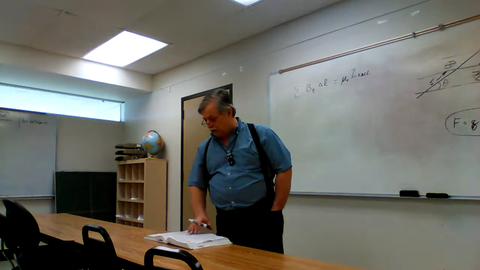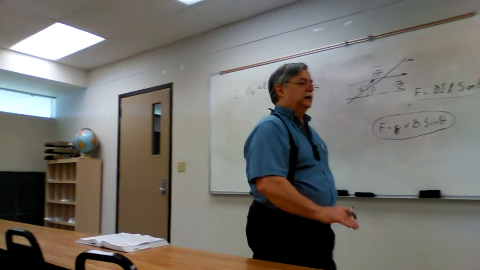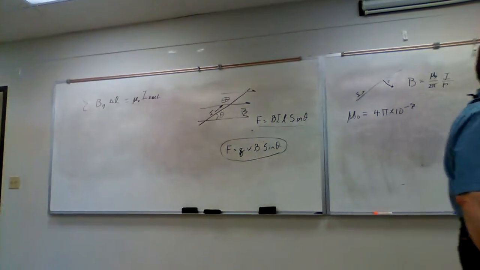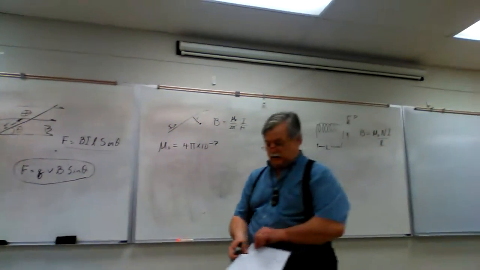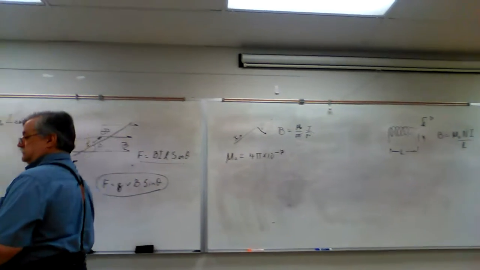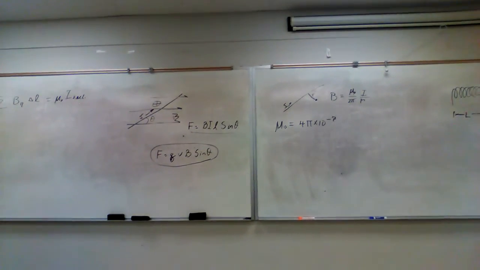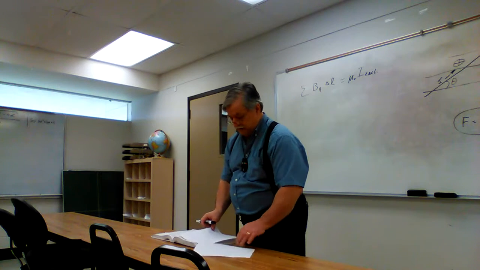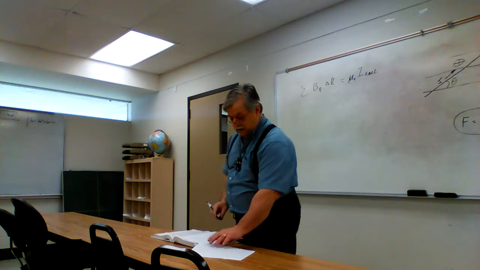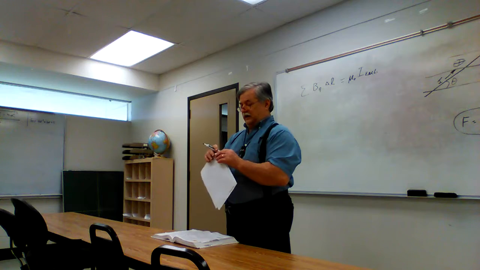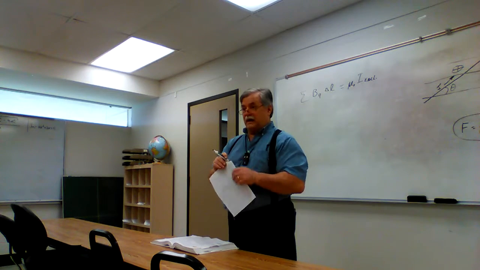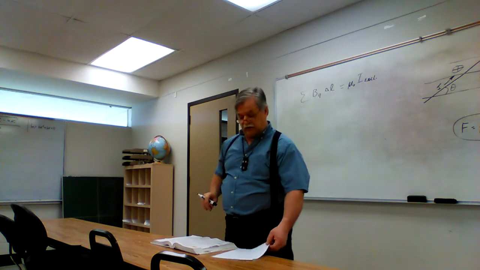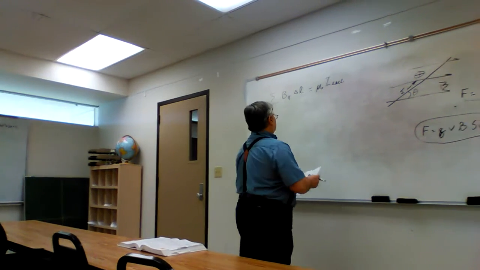Torque on a current in a loop produced by a magnetic field. This is on page 575. If y'all are going to do any studying on your own, you might want to go back and revisit how this equation is derived.